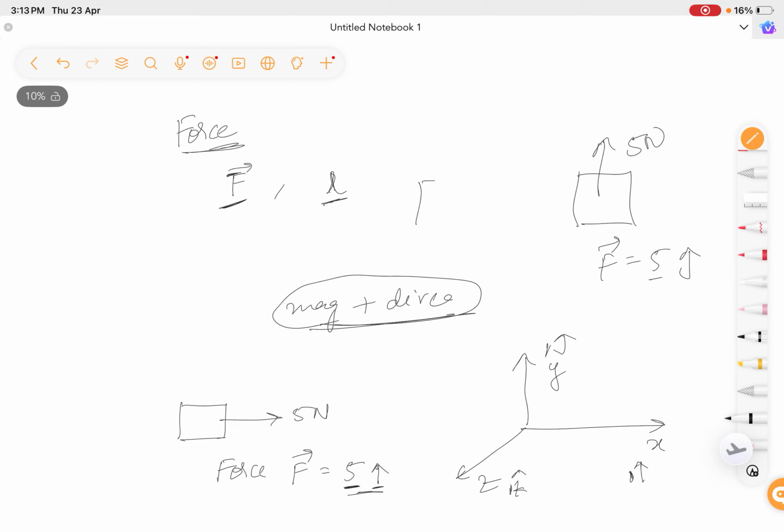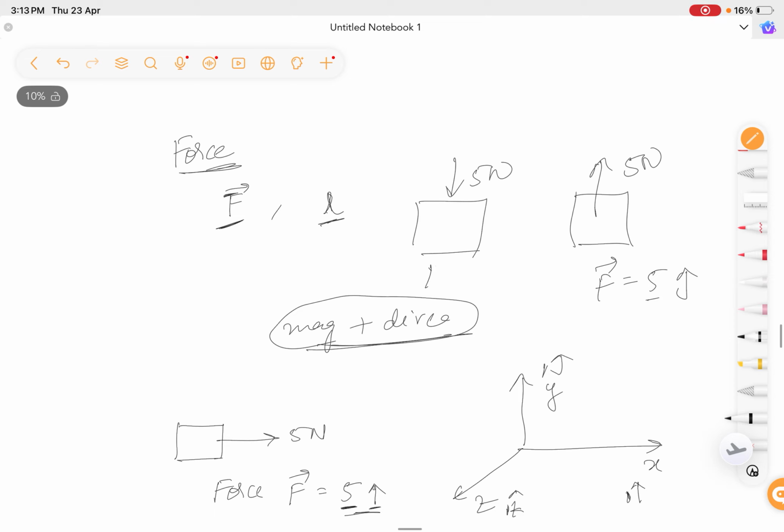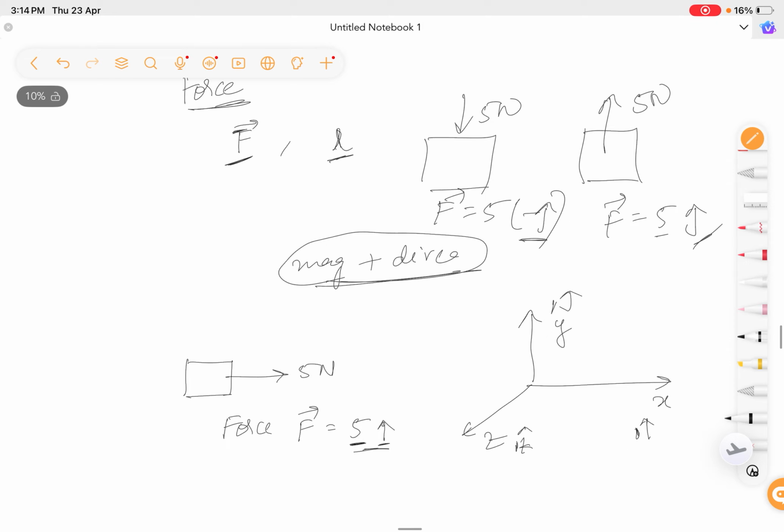Okay, so what about the opposite sense? Suppose the force is acting downwards, 5 newtons. The magnitude is 5, and since it is opposite to the coordinate axis, we take minus j cap. Upward means plus j cap, downwards means minus j cap generally. So minus j cap indicates the force is acting vertically downward.